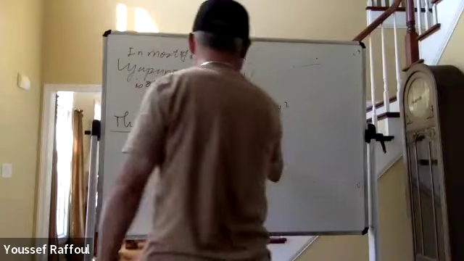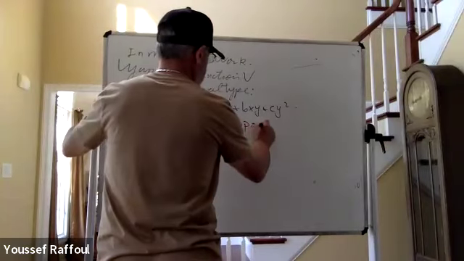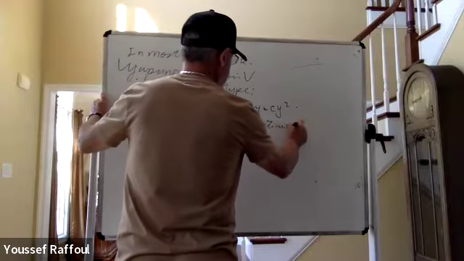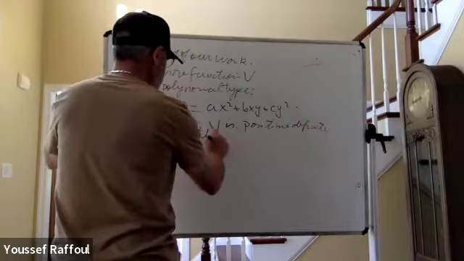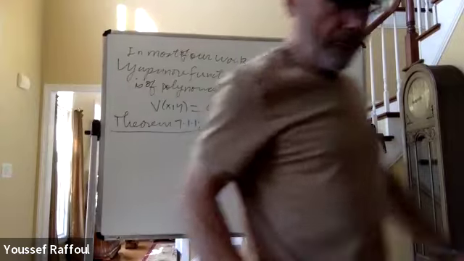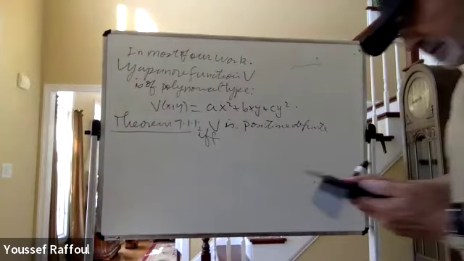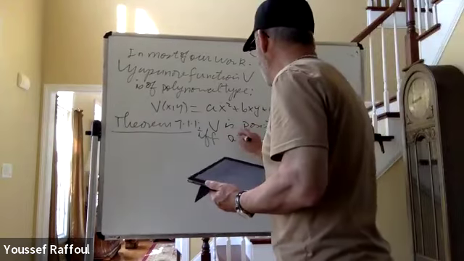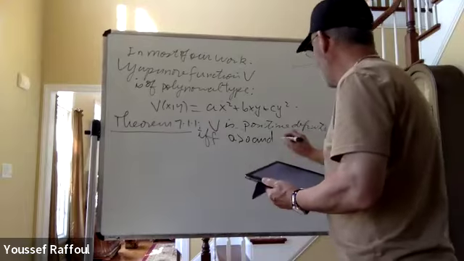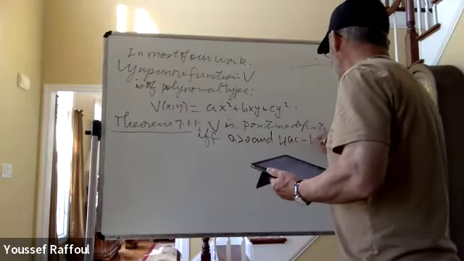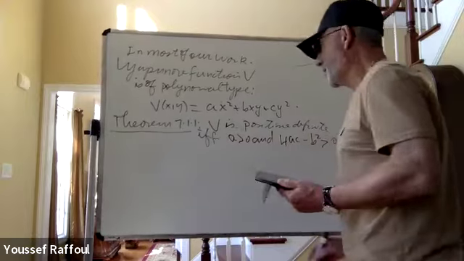V is positive definite if and only if a is positive and 4ac minus b squared is positive.